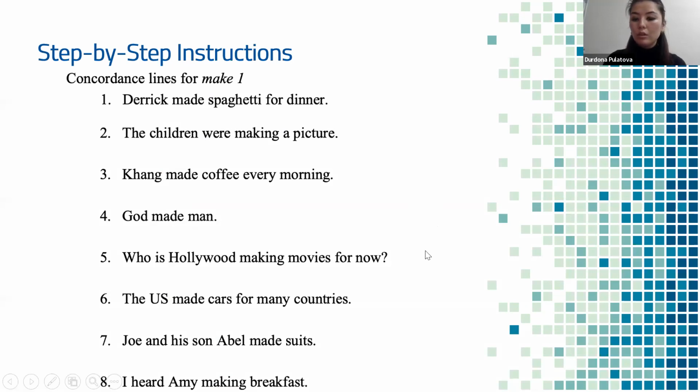Can you have a look? All the sentences. And then can you tell me the word which comes after make or made? What part of speech comes after made here?